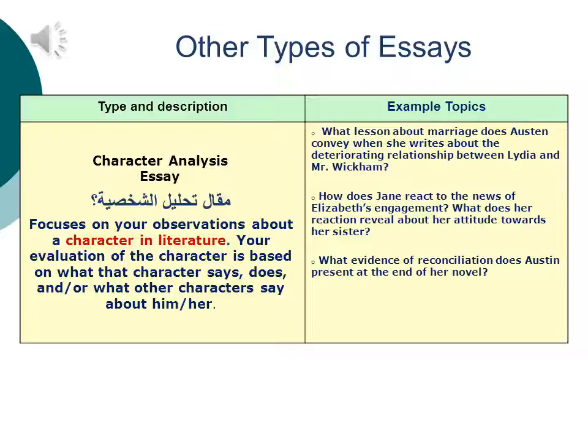On the right-hand side, there is an example topic of a well-known story called Pride and Prejudice. Now there are 3 points for you to read in order to analyze the character or the characters mentioned here.